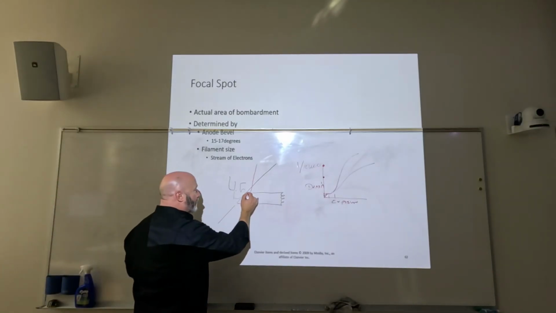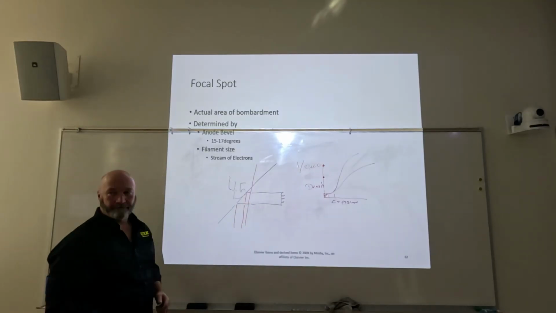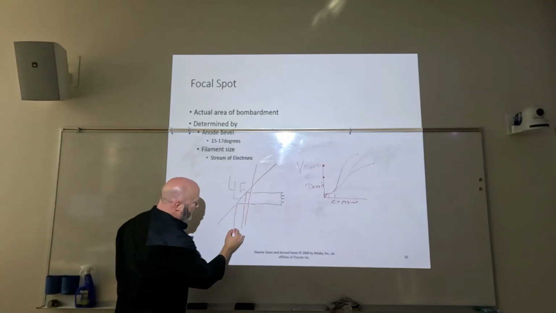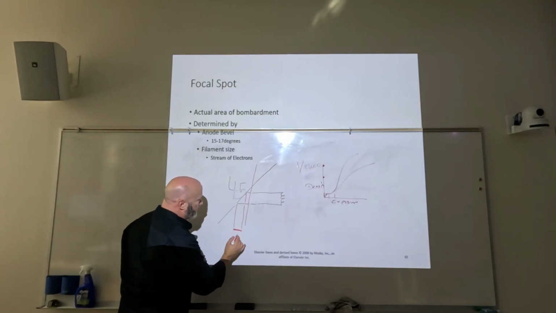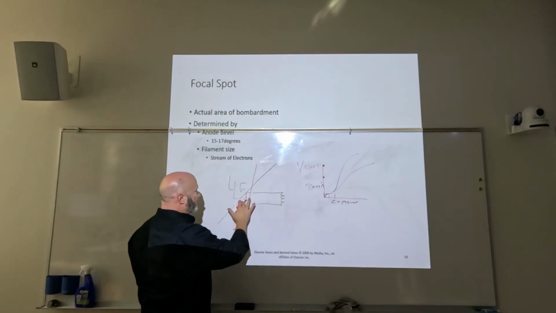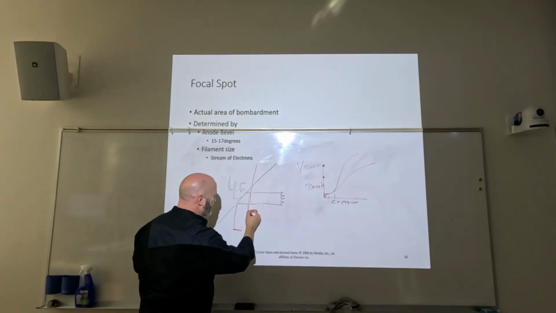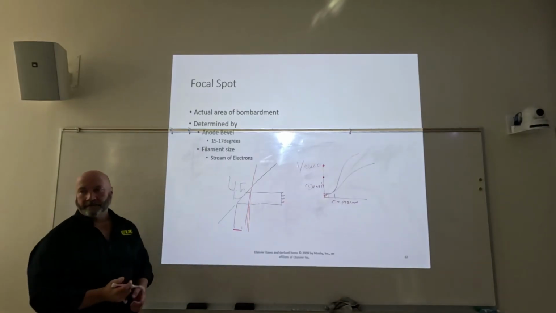What do we call the projected focal spot? Effective focal spot. Right, so we've got an effective focal spot that's this big off of the big bevel. We've got an effective focal spot that's that big off of the 17-degree.